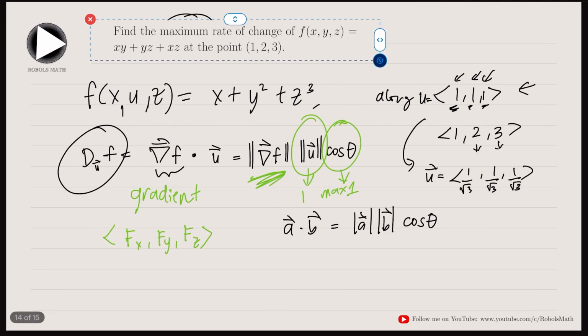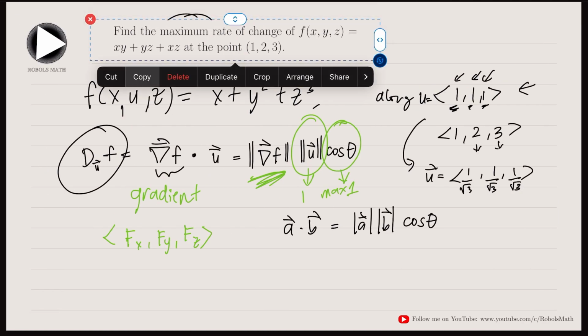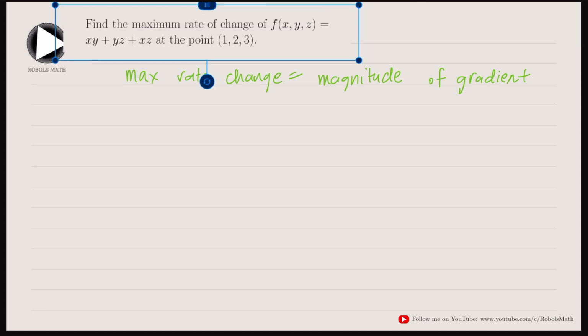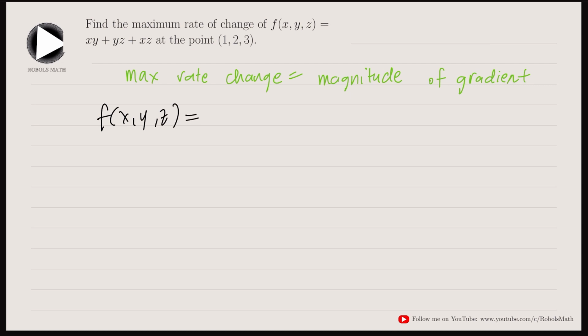So, if we apply this to the given problem, we have f of x, y, z equals xy plus yz plus xz. The partial of f with respect to x, which is f sub x, is equal to y plus z.